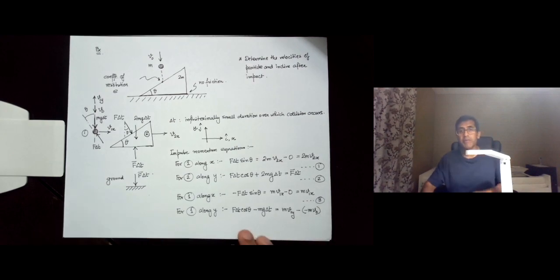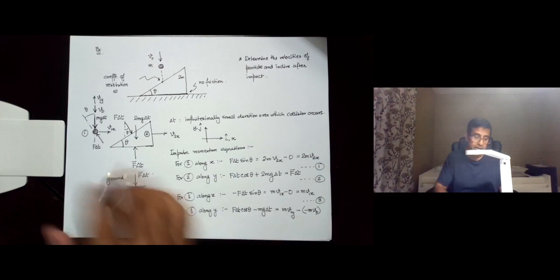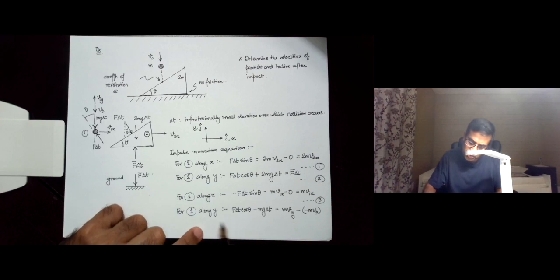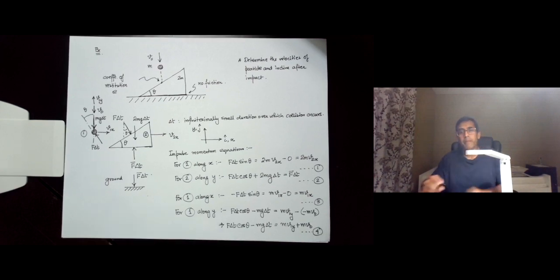Note that the initial momentum along the y direction is minus m v0 because v0 is downwards. So essentially F delta t cosine theta minus mg delta t is equal to m v1y plus m v0, and this becomes our equation 4.